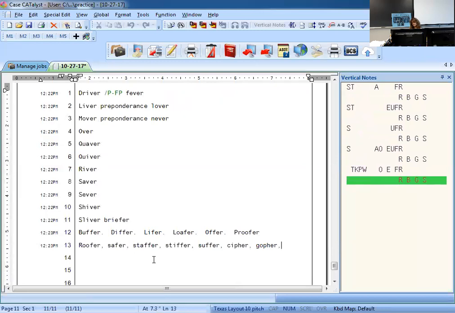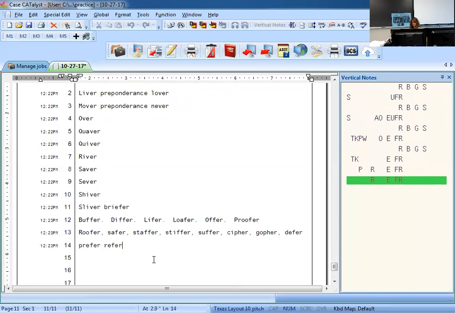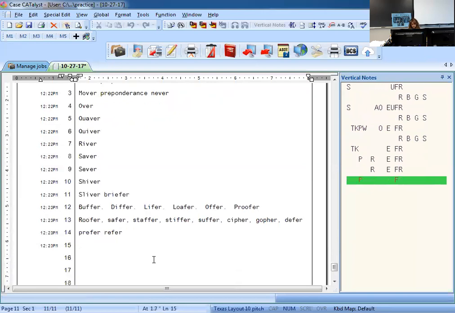Now notice, defer, prefer, refer, those are all long E, but we're writing them with the short. It says at the bottom of 105, you will note that words with the first syllable de, pre, and re are written with a short E, okay? Make sure that you know that. Refer, defer, they're written with the short E, okay?